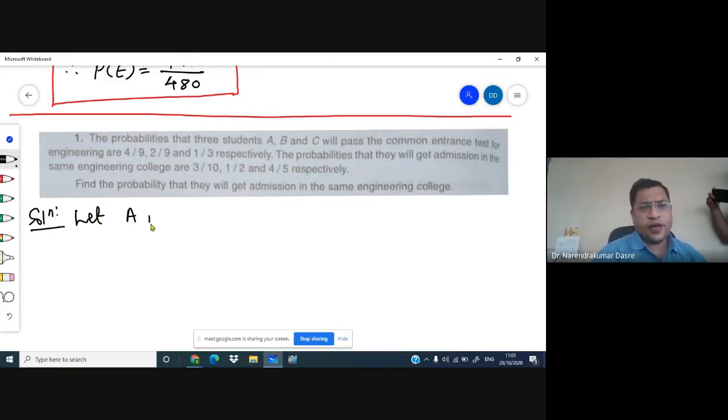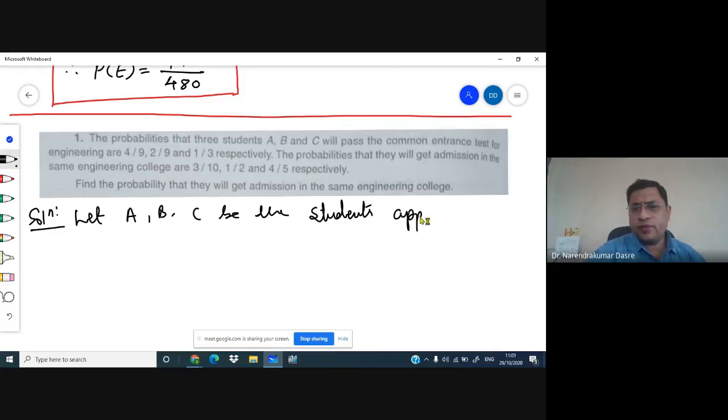Let A, B, C be the students appearing for the entrance test.